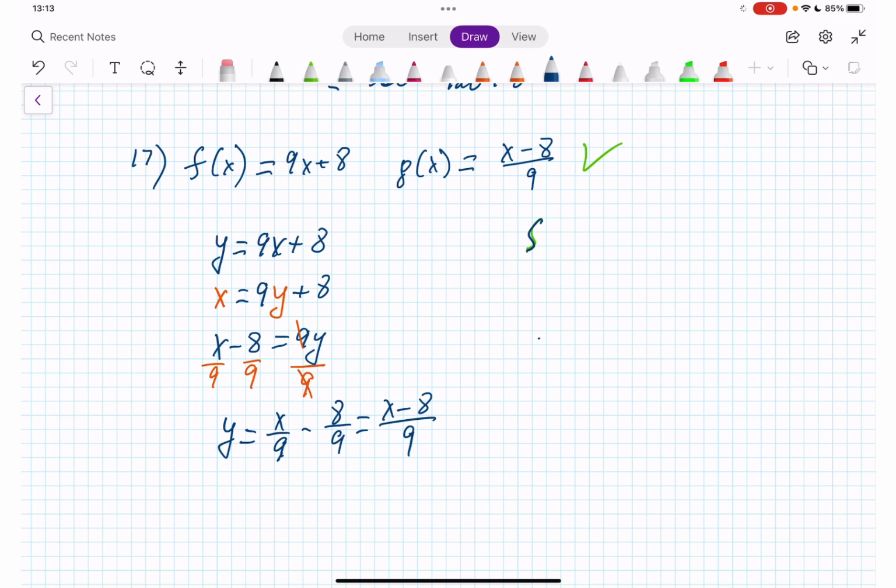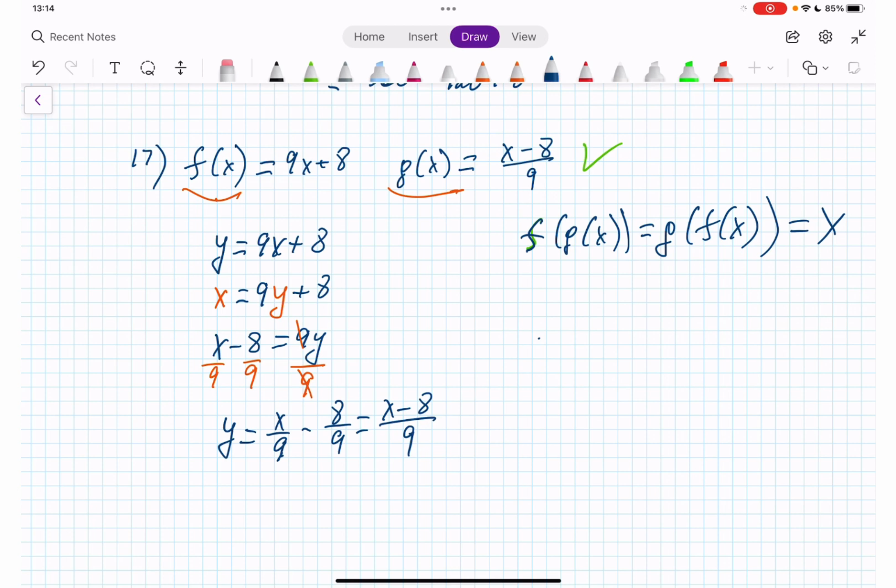When two functions are inverse to each other, like f of x and g of x, because if you take the inverse of f of x, you will get g of x, and if you take the inverse of g of x, you will get f of x. For such functions, f of g of x is going to be equal to g of f of x. It's equal to x.